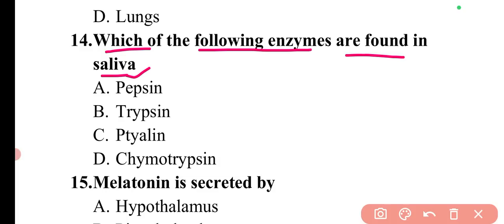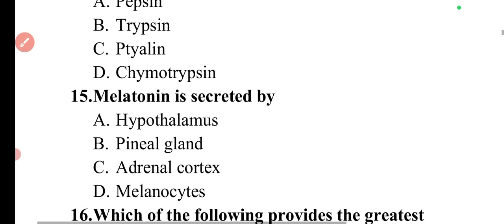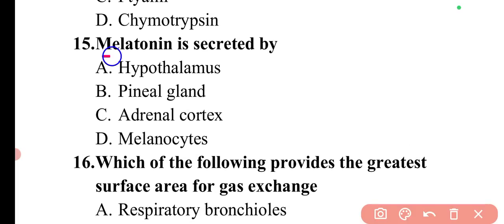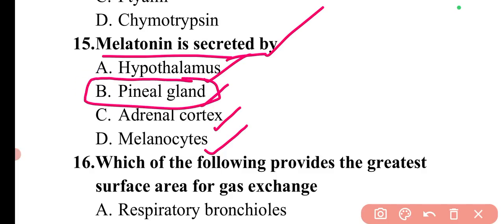Options are pepsin, trypsin, ptyalin, chymotrypsin. And the correct answer is option number C, ptyalin. Next question is, melatonin is secreted by. Options are hypothalamus, pineal gland, adrenal cortex, or melanocytes. And the correct answer is option number B, pineal gland.